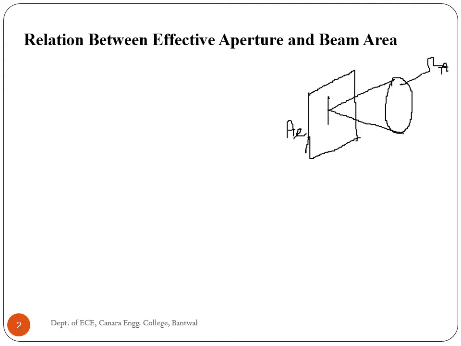Then the field at this point is EA. Beam is radiated to some point at a distance r, and the field at this point is ER.